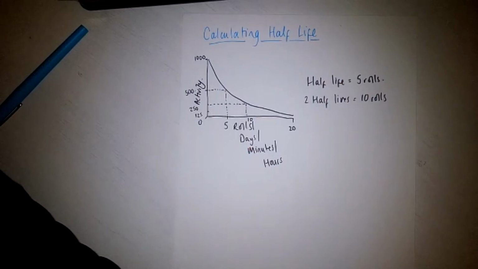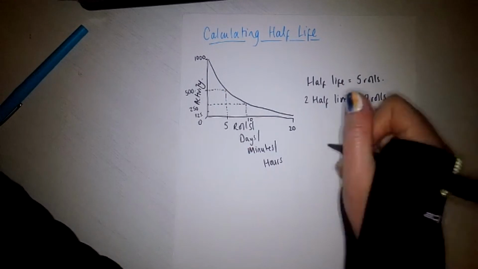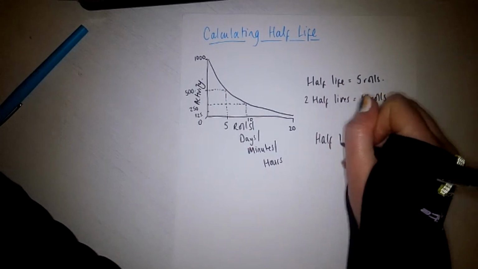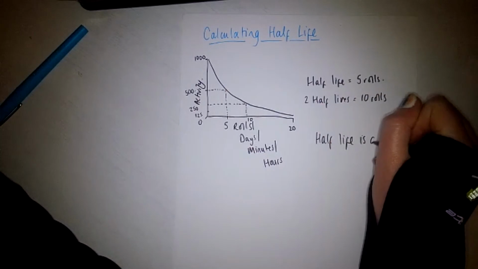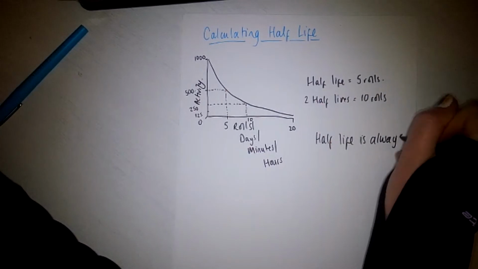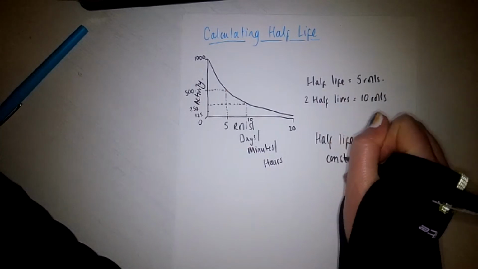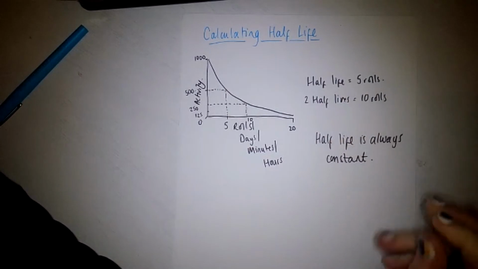So half-life should be consistent, okay, it should match up. So half-life is always a constant value. Simple as that.